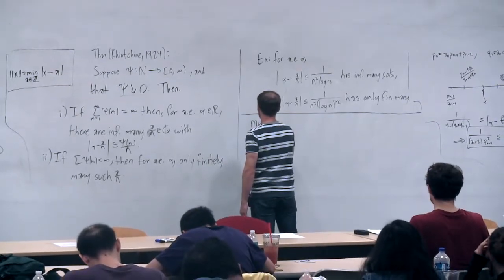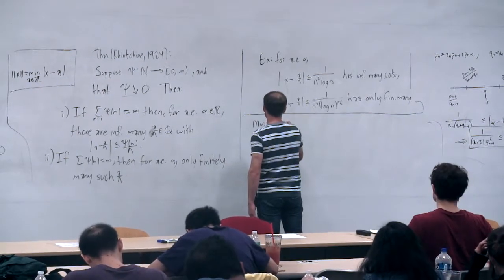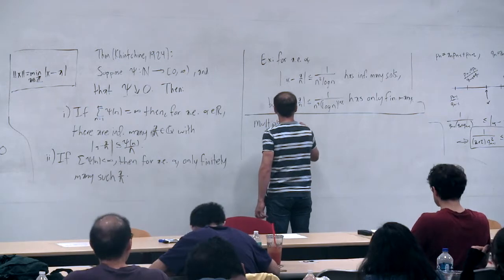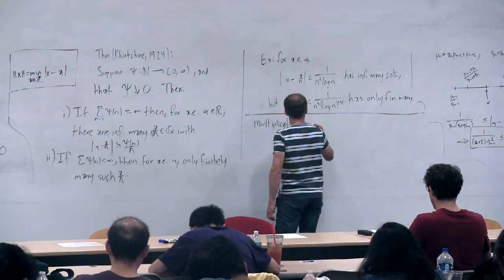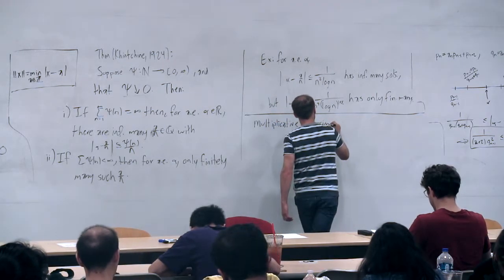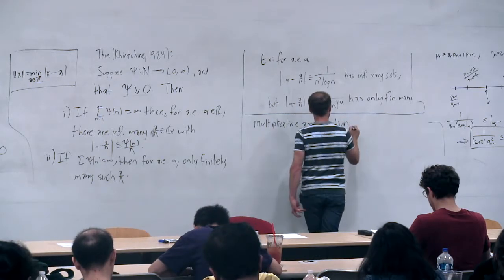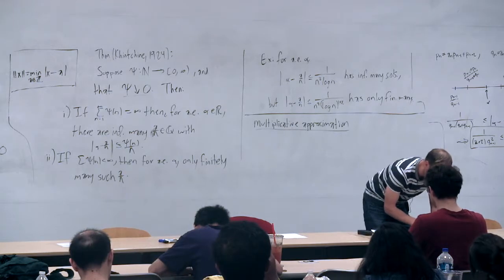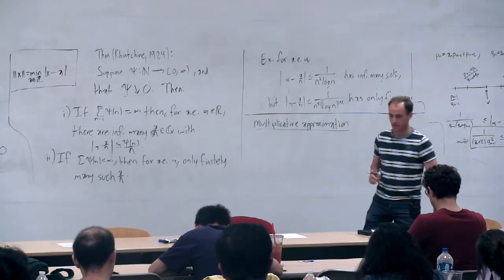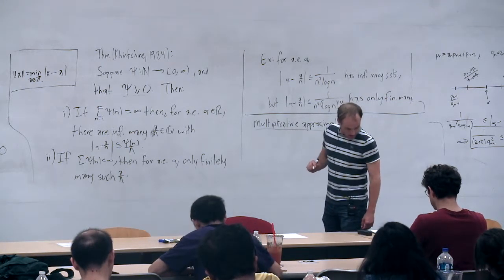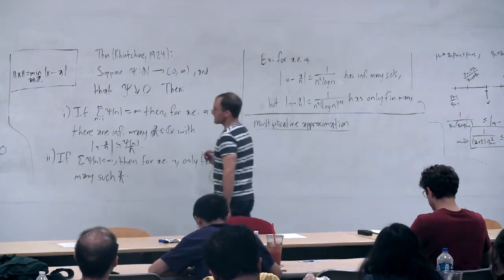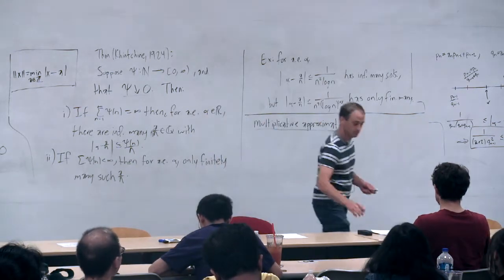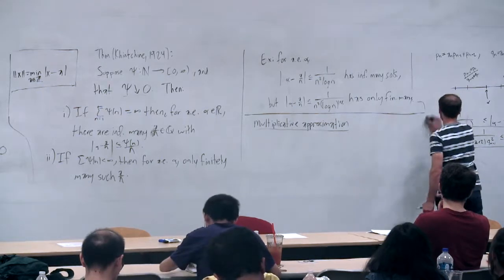This is going to be pretty quick, and then I'm going to start talking about dynamical interpretations. Multiplicative approximation. Let me also check how I'm doing on time. All right, good. So let me just try to get to the point here.